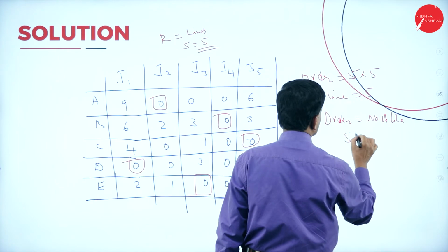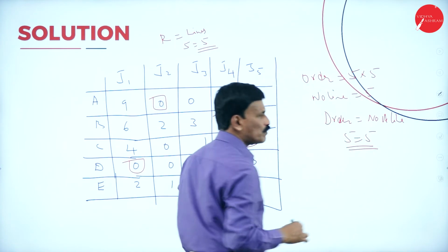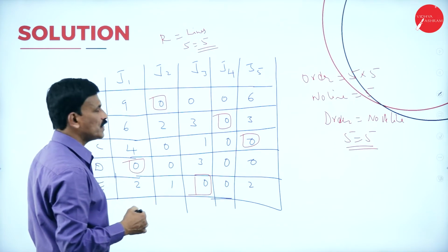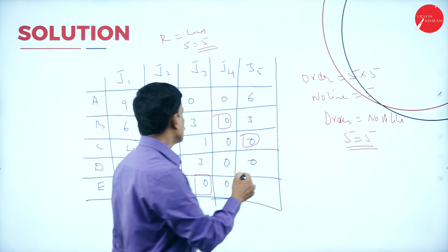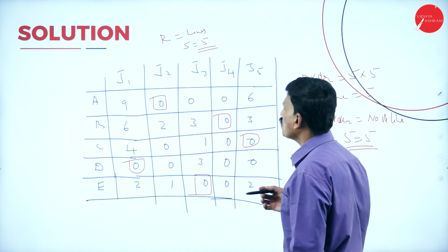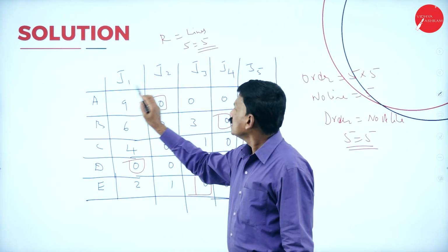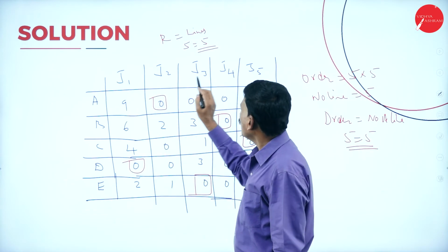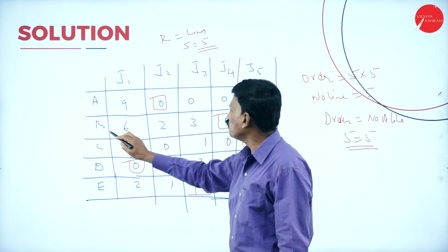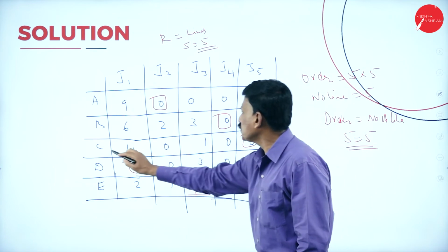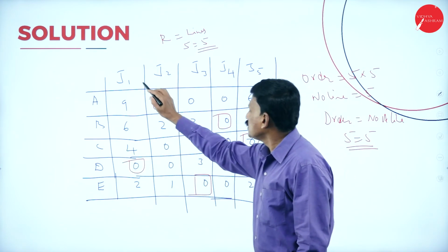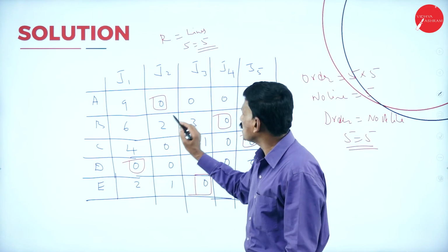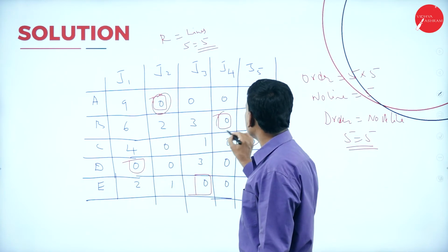So therefore it is optimized. The optimality is reached here. So we can find out the assignment now. What is the assignment we are going to do? From here J2 to A, and again J4 to B, and again J5 to C, and again J1 to D, and where is 0 here, J3 to E. So just these are the final assignments.